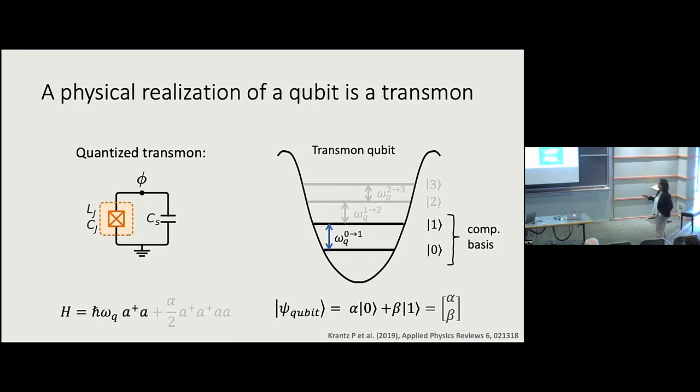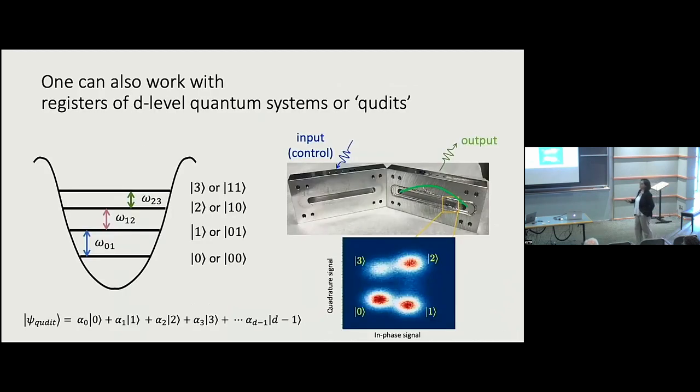Alternatively, one can just use all the Fock states that one obtains in the anharmonic oscillator and work with what is called a D-level quantum system, or sometimes qudit. And one can just utilize the underlying Hamiltonian of this system to drive all these states. If you are using 4 levels, for example, this is the computational equivalent of 2 qubits. So you can either work with these Fock states, 0, 1, 2, 3, or think of them as 2 qubits.